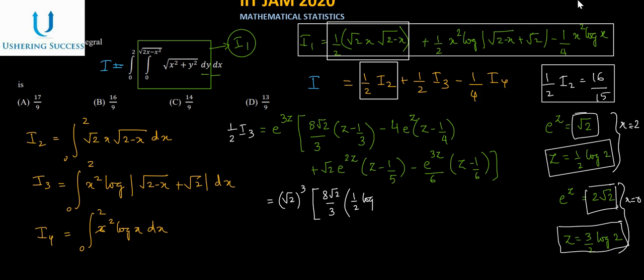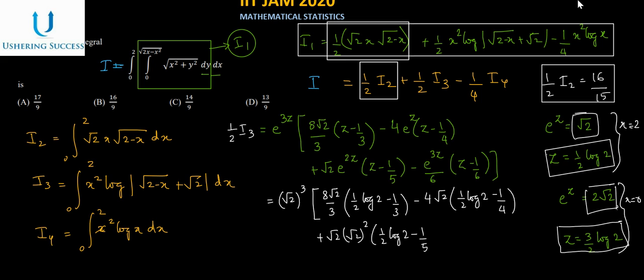So half log 2 minus 1/3, minus 4 e to the power z is root 2 into half log 2 minus 1 by 4, plus root 2 e to the power 2z is root 2 whole square into half log 2 minus 1 by 5, minus e to the power 3z is root 2 whole cube by 6 into half log 2 minus 1 by 6.